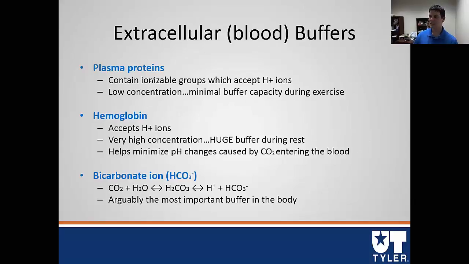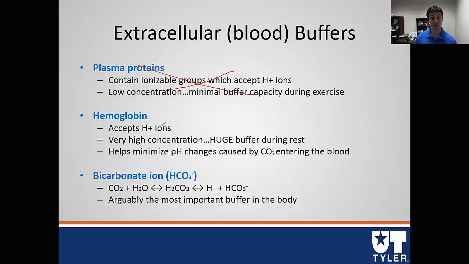So the blood has several different buffers. We have our plasma proteins, which have some ability to accept hydrogen ions. However, they have a low concentration, significant at rest, but minimal buffering capacity during exercise. So we're going to somewhat ignore those. Then hemoglobin, of which we of course have lots, as we talked about yesterday. It is accepting of hydrogen ions.